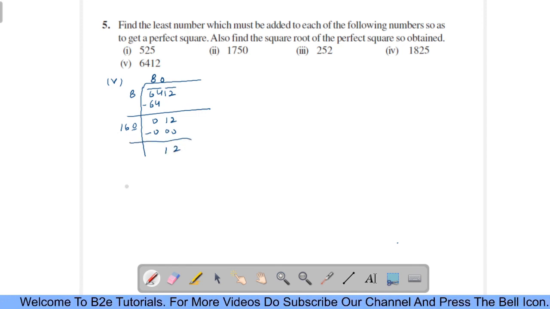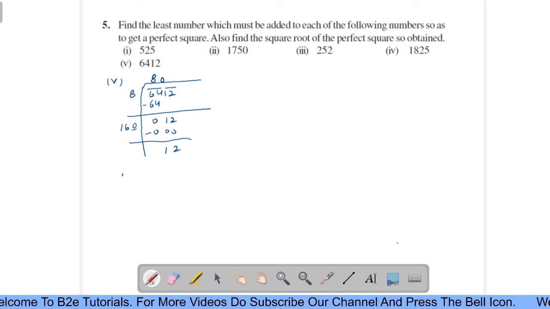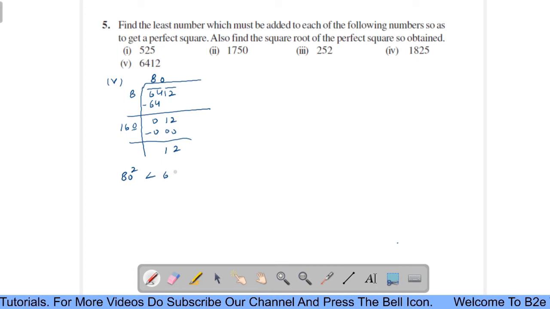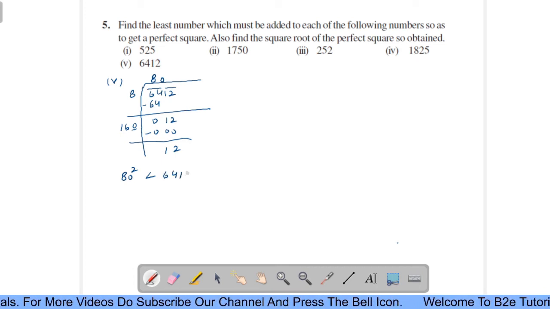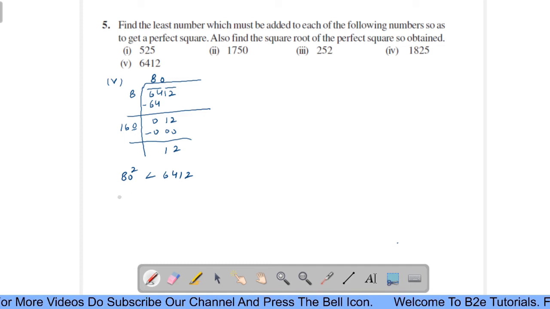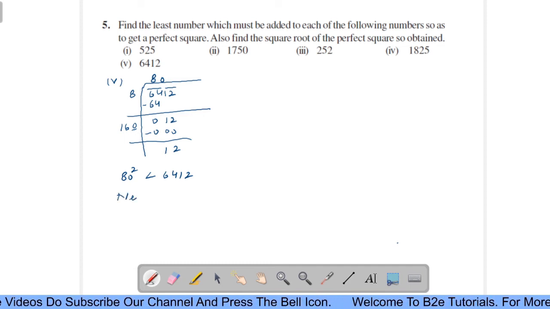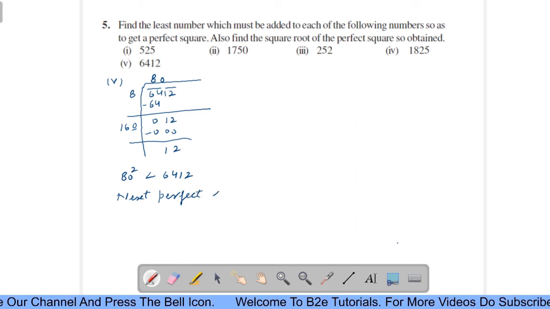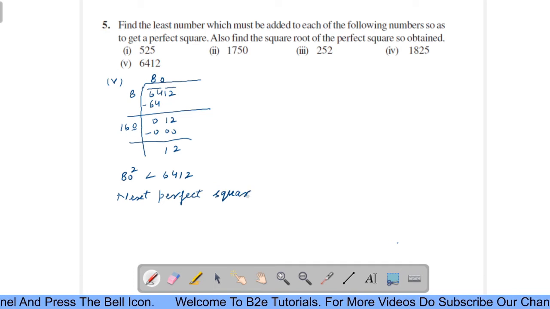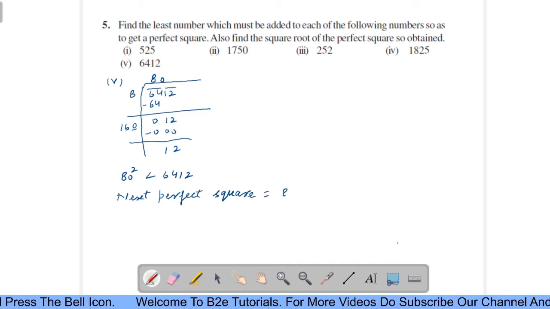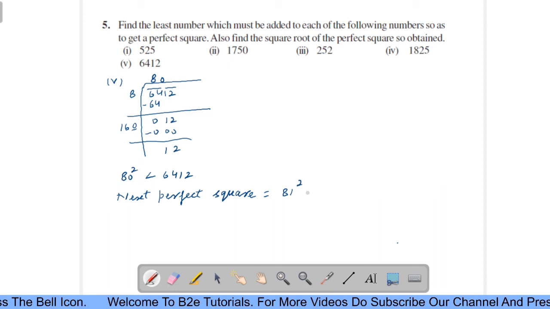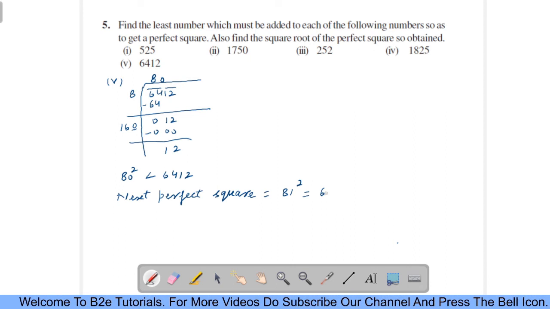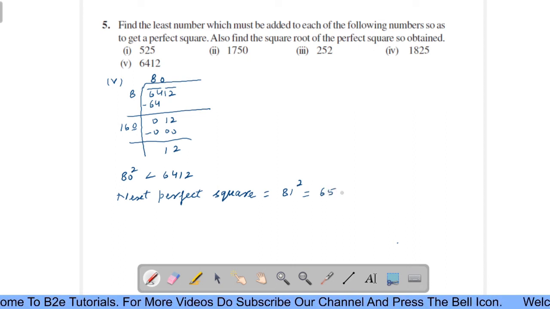12. What we conclude? That 80 square is less than 6412. The next perfect square, it is 81 square. And what is the square of 81? It is 6561.